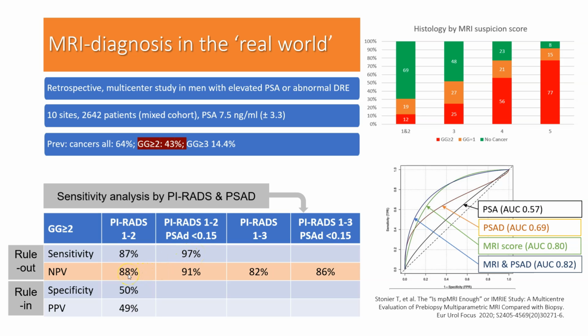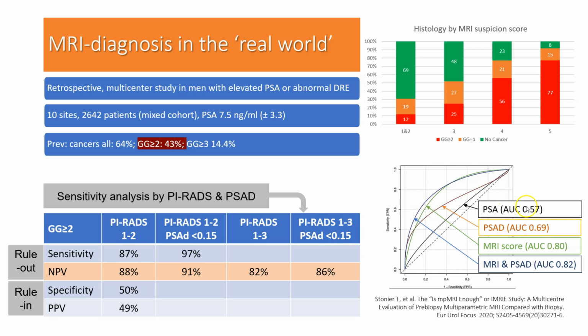Similarly, you see an improvement in the negative predictive value by about 3%. And by doing a sensitivity analysis, you can see how the negative predictive value improves from 82% if you use PI-RADS 1 to 3 to denote negative disease to 86% if you used PSA density and the PI-RADS 1 to 3 score.